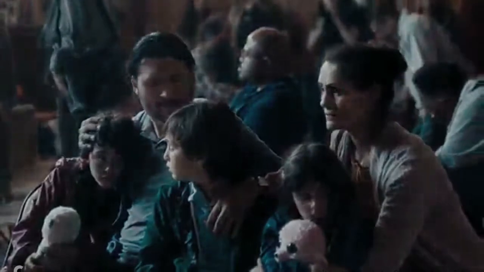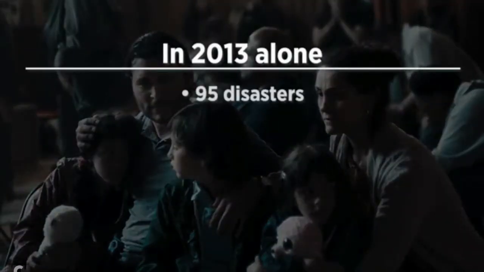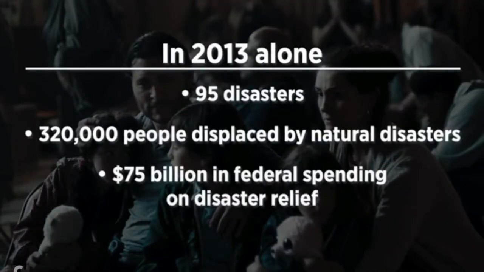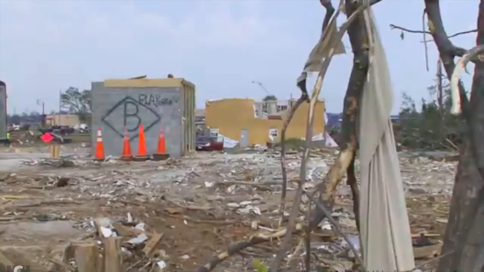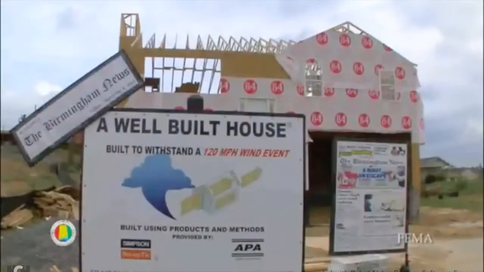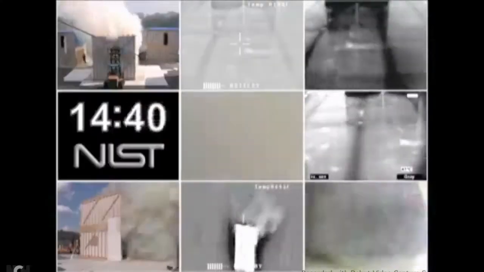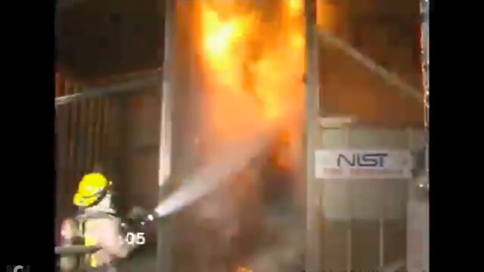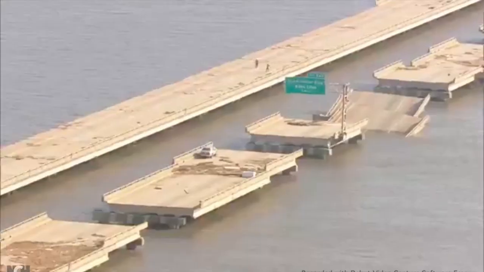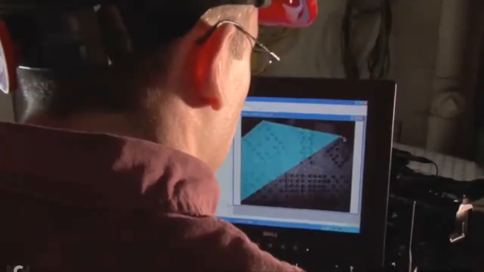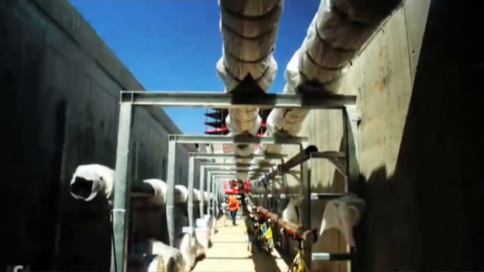Disasters happen. We can't stop hurricanes, earthquakes, and other hazardous events from happening. But we can take steps to make our communities more resilient. Through research at the National Institute of Standards and Technology, we're finding ways to make homes, buildings, bridges, and other structures stronger, safer, and less vulnerable.